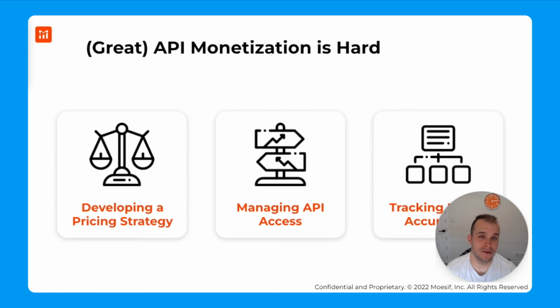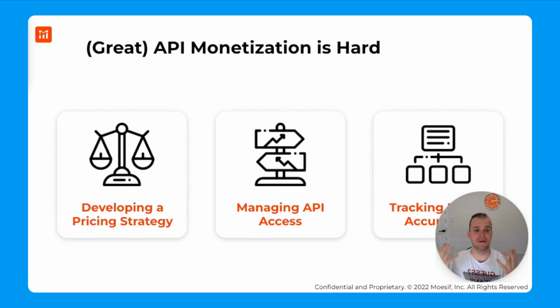At a high level, these are quite simple, but when we start to scale out, it can become tougher and tougher to do. Developing a pricing strategy, for instance, is a very tough thing to do, as many of us who have gone down the route of creating a product and then trying to sell it know. Figuring out where you should start pricing, what's too high, what's too low, that's a tough hurdle to overcome.